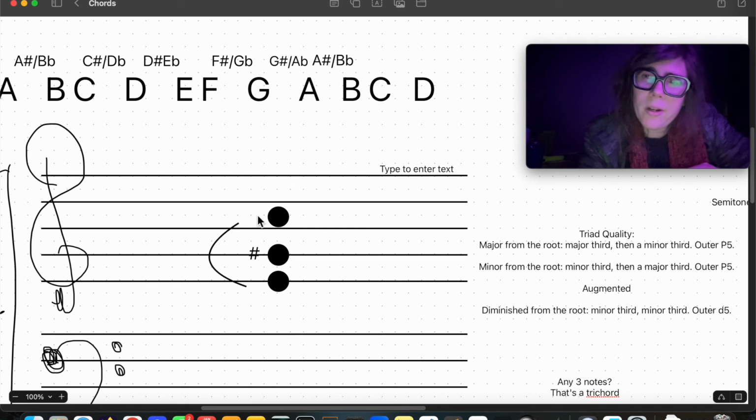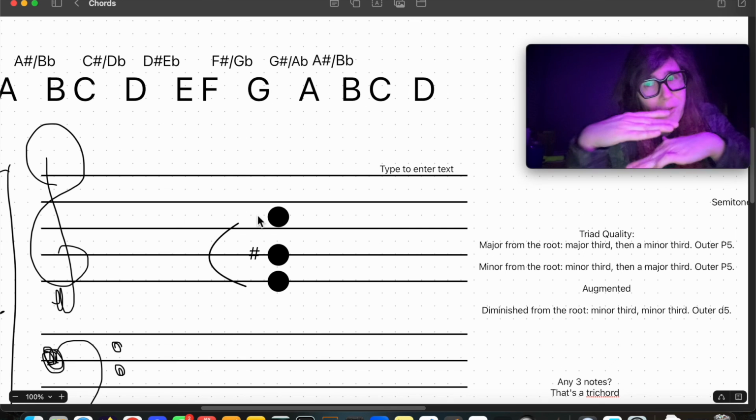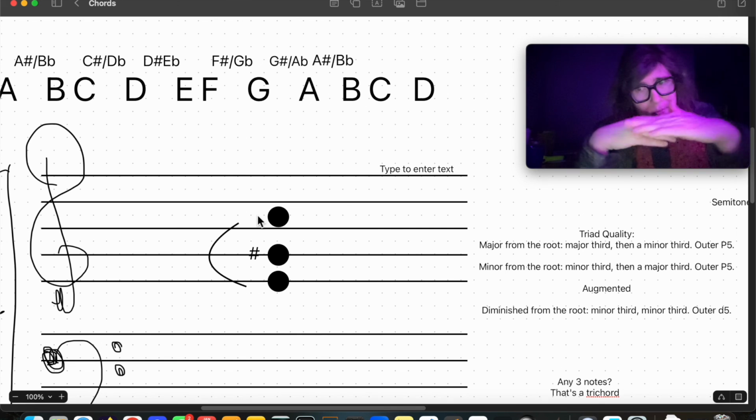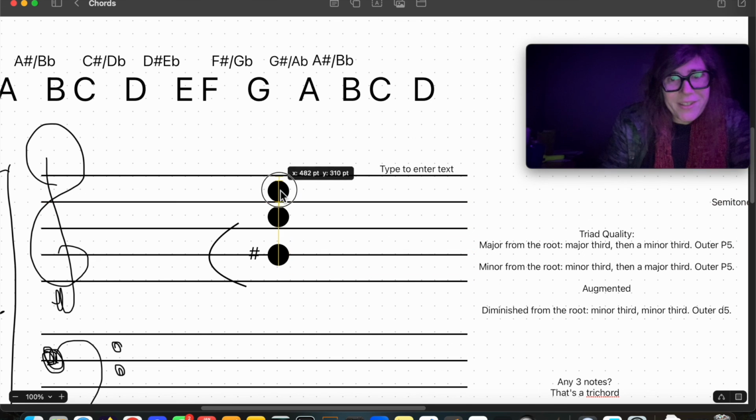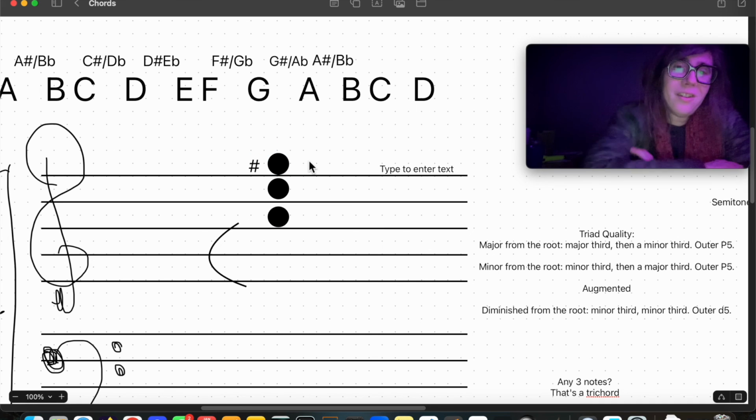Well, augmented chords, this is a little bit beyond our video for today, but I'll say this, that augmented chords, because they're major thirds and they're symmetrical in their construction, they repeat at a certain interval. If I were to raise these notes up here, like so, as a G sharp, now they're in thirds.